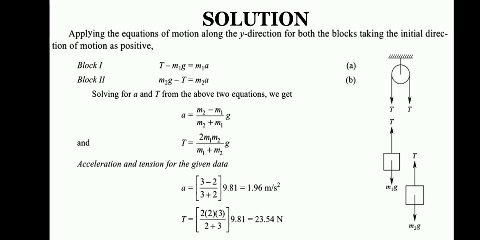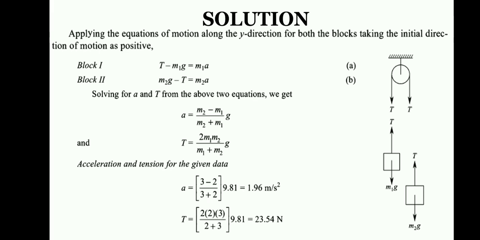Clear? Then next, checking the free body diagram of the second body. In the case of the second body, the weight m2g is in the downward direction and tension T is in the upward direction. The motion is in the downward direction, so the force in the direction of motion is m2g.